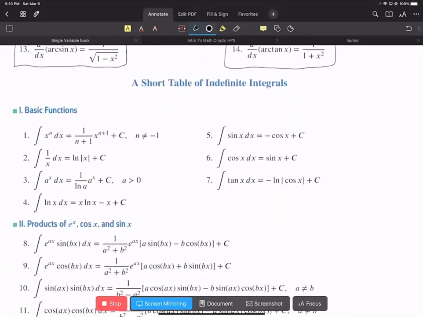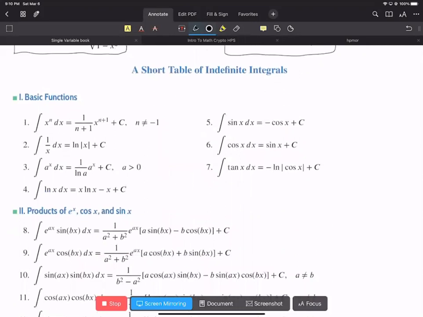Then we went through all these indefinite integrals. So I went through all these basic ones in one of my videos. This was by parts. These are good. This was by substitution, number 7. Tan x equals sine x over cosine x, and let u equal cosine x, and that'll give you this result.